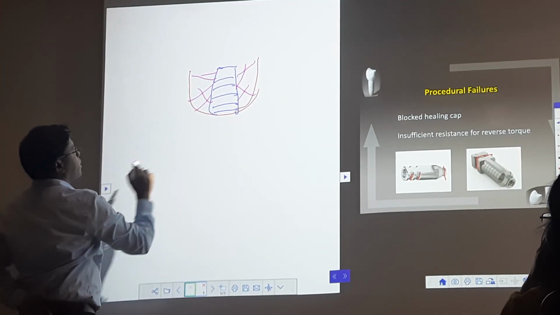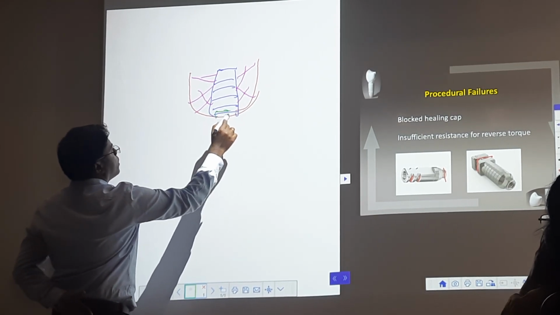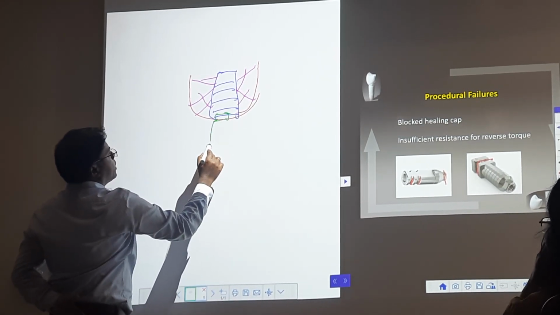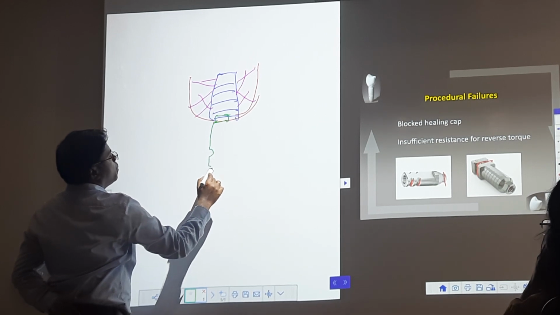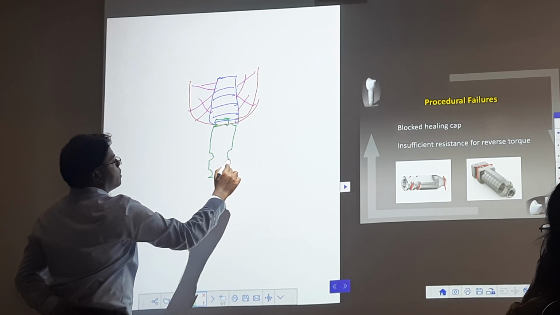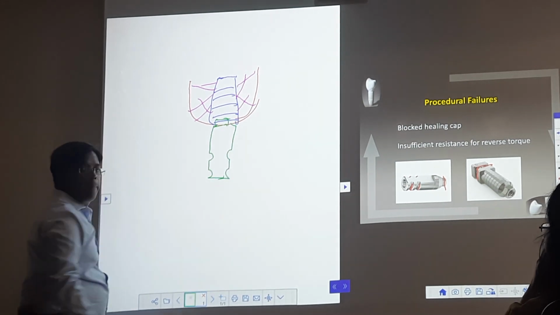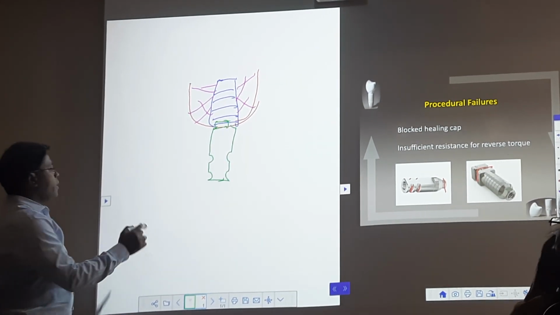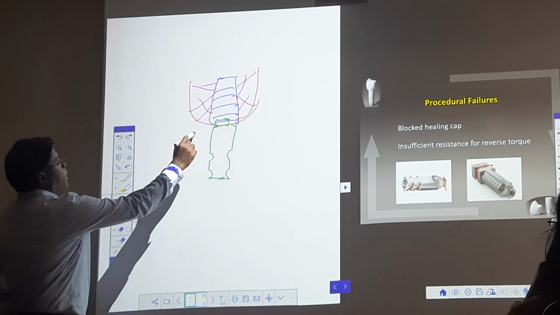I will attach this closed tray impression transfer, which will have these two notches. Now over this I am putting my impression material.